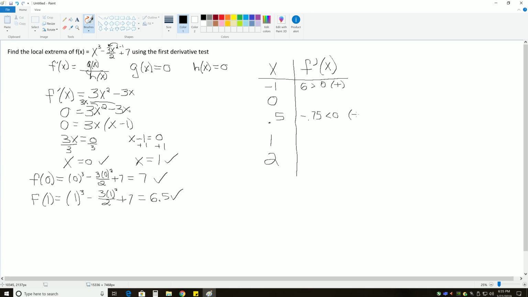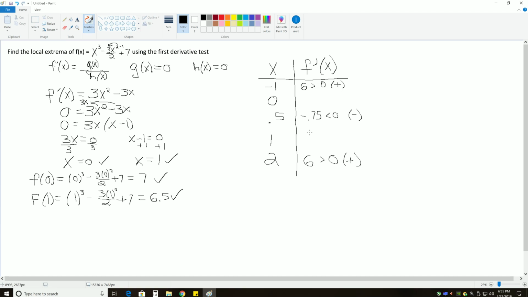So again, all we care about is that this number is negative. And finally, when we plug 2 into our first derivative, we get 3 times 2 squared is 12, minus 3 times 2 is 6. So 12 minus 6 is +6, which again, all we care about is that it is positive.